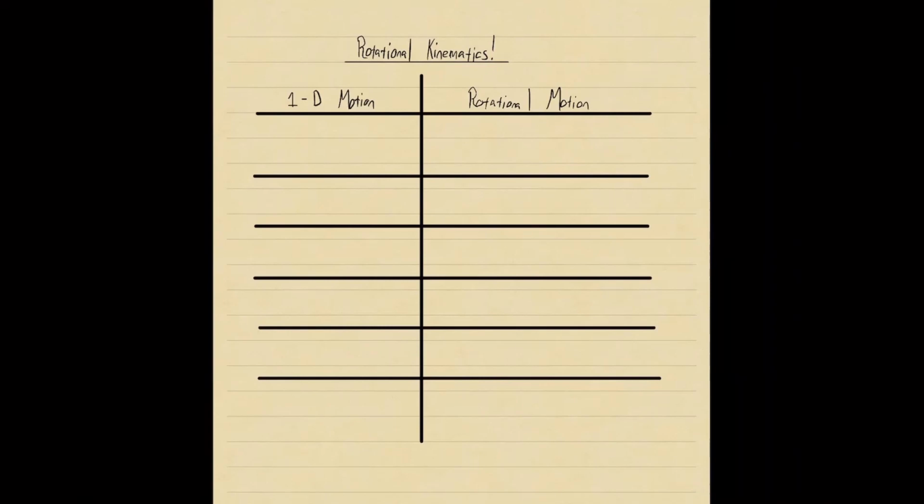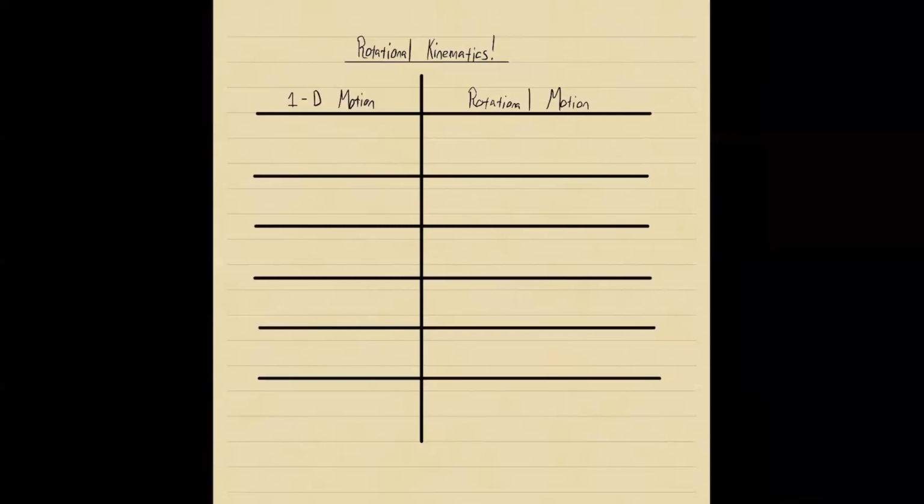The great news is that rotational kinematics looks suspiciously like the 1D kinematics motion stuff we've seen from this course's second lecture. For every concept and definition in one-dimensional kinematic motion, you can bet that there's an associated rotational kinematic analog. So for example, I've got this little table here. On the left-hand side, I'm going to be describing one-dimensional motion stuff that we saw in our second lecture, and on the right, I'm going to write down the rotational analog stuff.